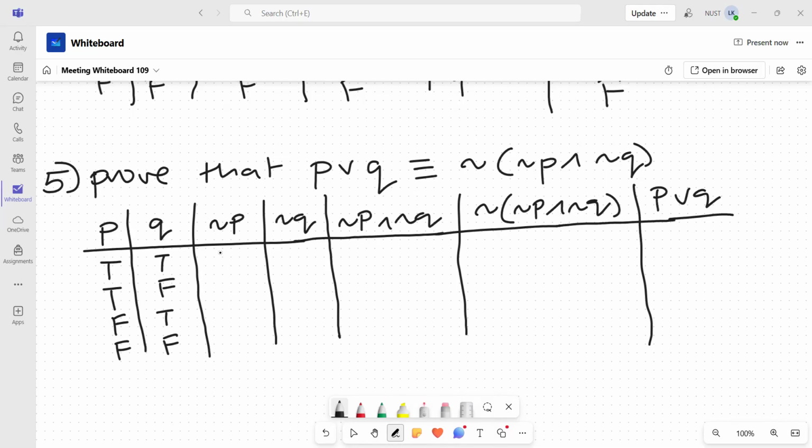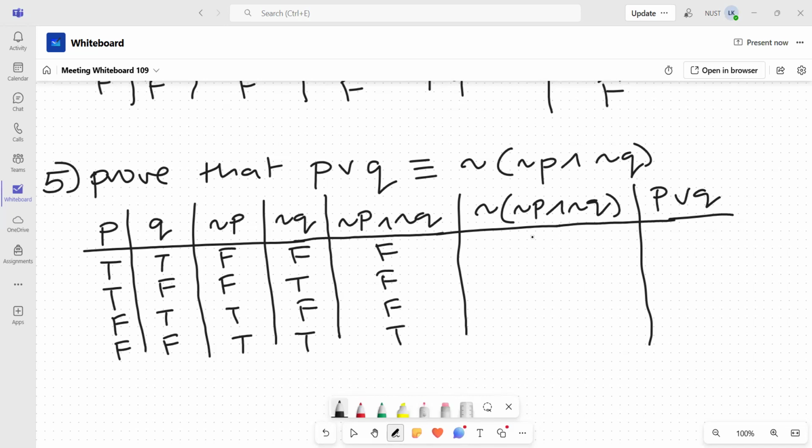So here, this will be false, false, true, true. This will be false, true, false, true. Then here, the conjunction, they're both false. It is false. If one of them is false, it's false, false, and this one is true.